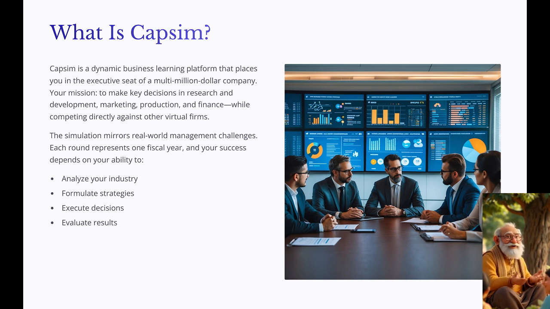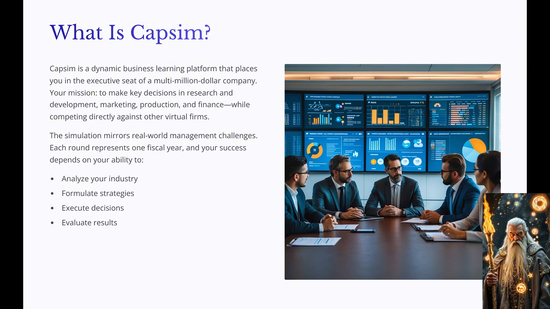The simulation mirrors real-world management challenges. You'll analyze your industry, formulate strategies, execute decisions, and evaluate results round by round. Each round represents one fiscal year, and your success will depend on your ability to interpret data, anticipate market trends, and make smart, aligned decisions.